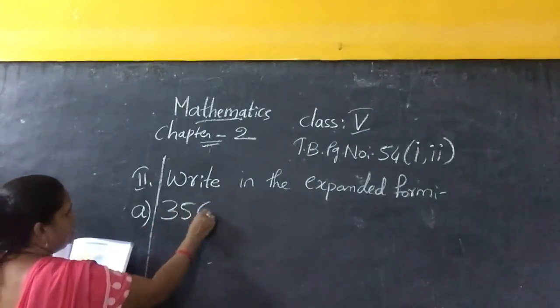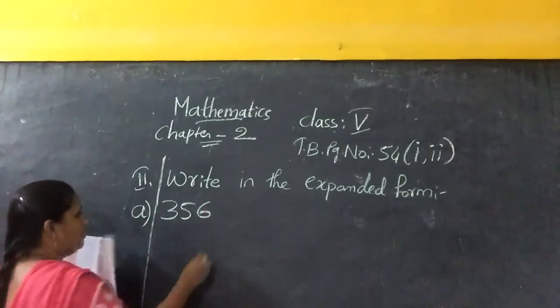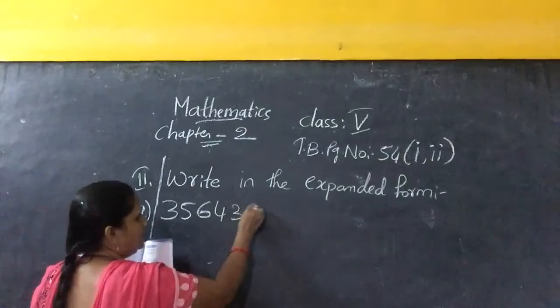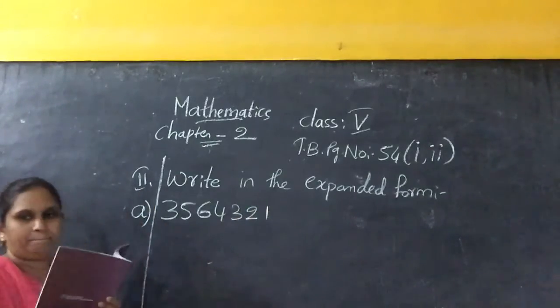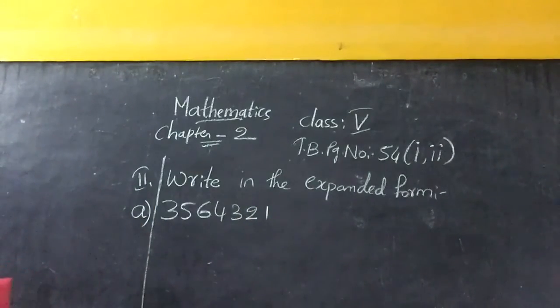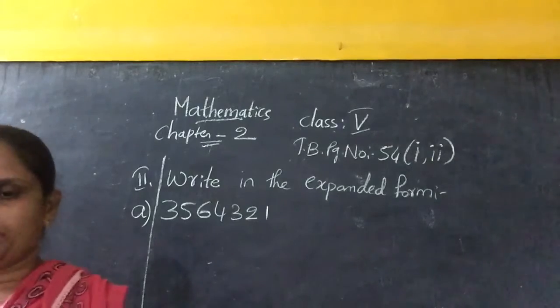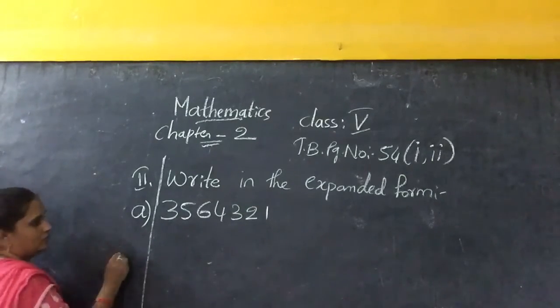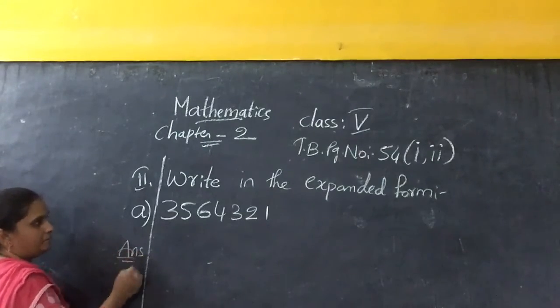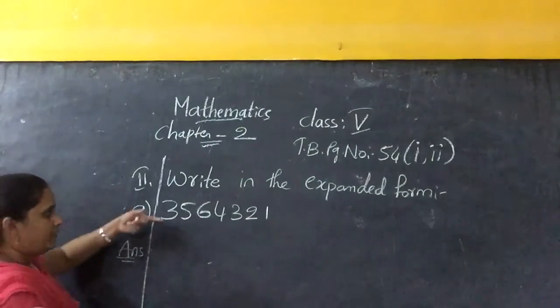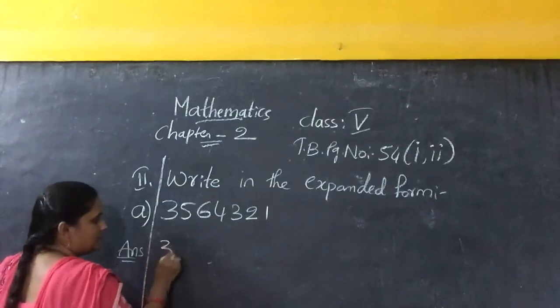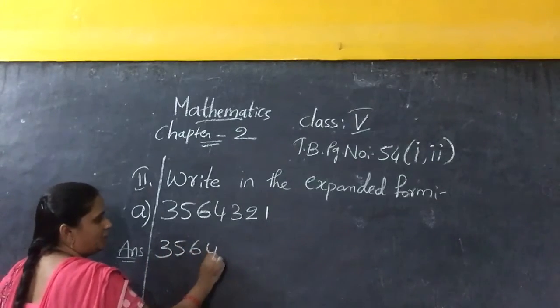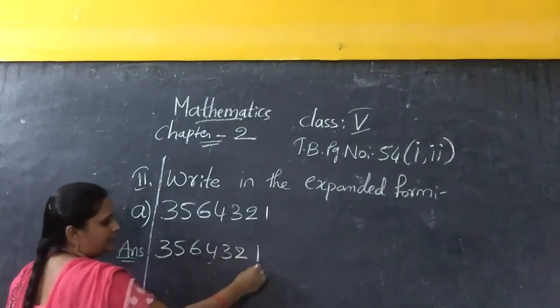3, 5, 6, 4, 3, 2, 1. Now the answer. Write the same number again: 3, 5, 6, 4, 3, 2, 1.